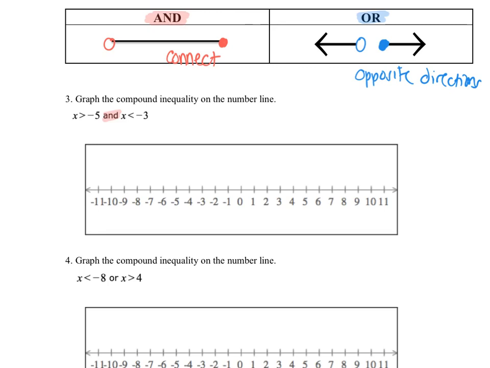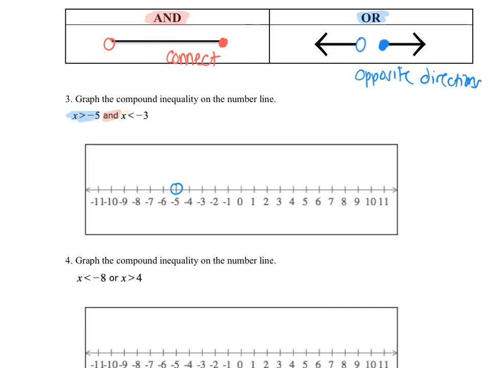So first, I'm going to put my dots down. For the first one, I have x is greater than -5. I know that is an open circle because it has no line under it. So I'm just going to put an open circle at -5, and not draw anything quite yet. The next one says x is less than -3.